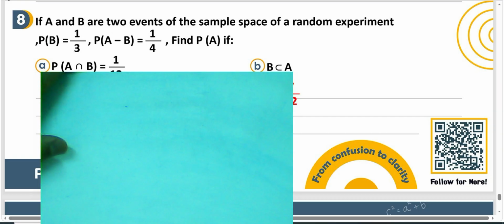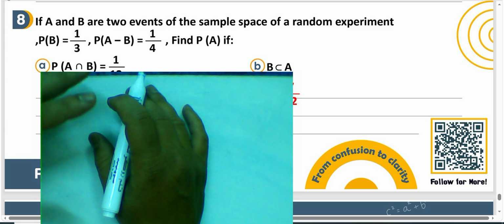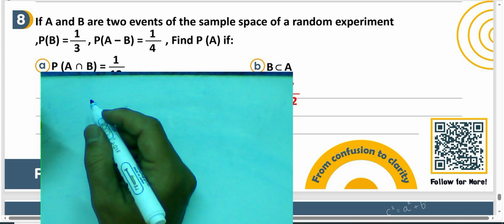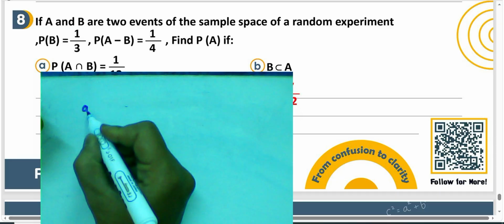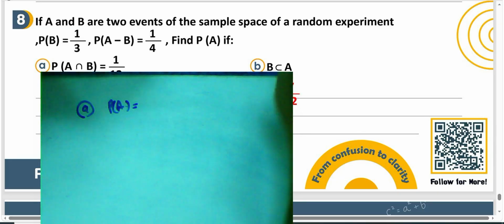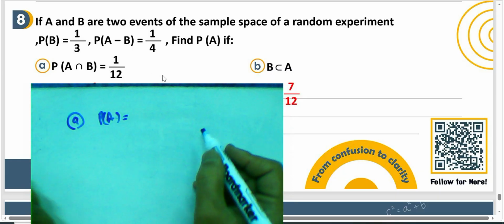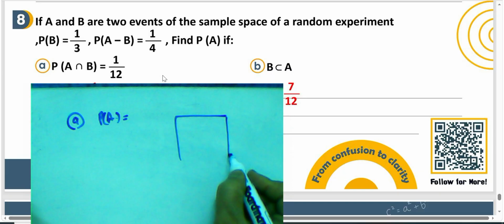If A and B are two events in a sample space, he gives you the probability of A difference B, and he wants to find the probability of A. You want to find the probability of A in the first condition. Look here, the intersection was 1 over 12. First step, I will draw a Venn diagram to understand the steps.